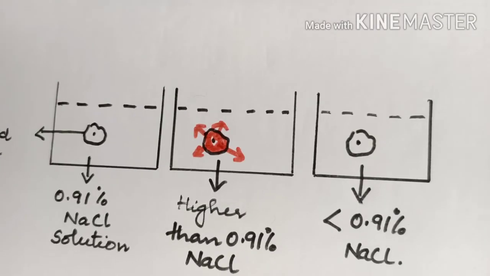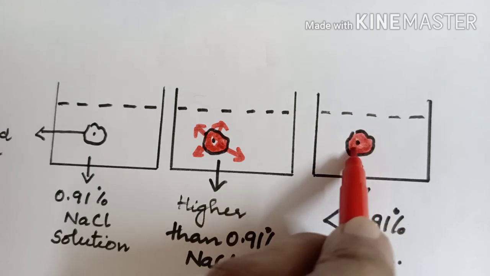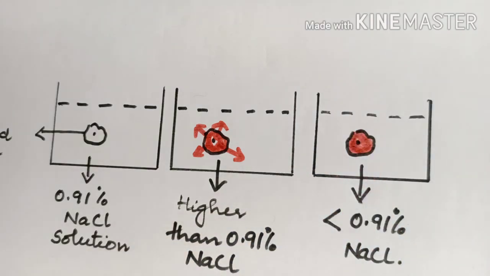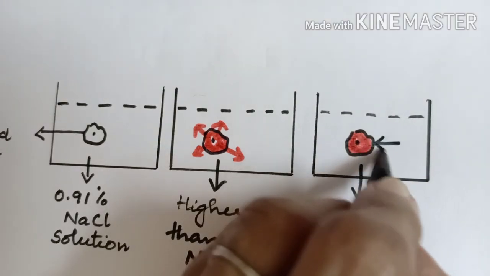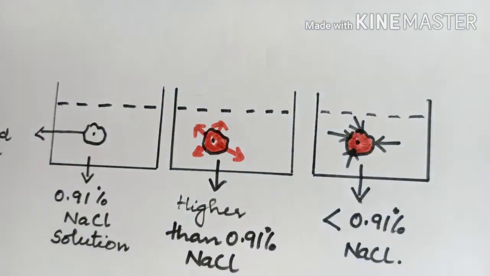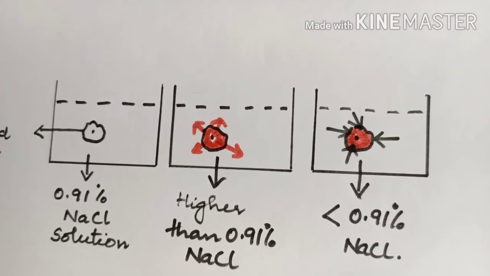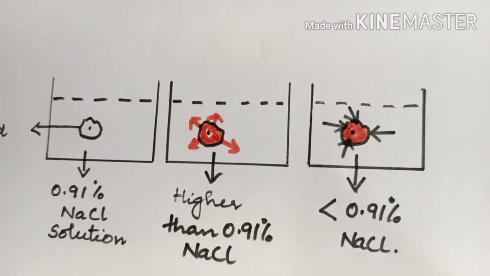When the blood cell is placed in a solution with less sodium chloride, you find that the concentration of the solvent will be more outside. As a result, water gushes inside, and as a result you find that the size of the cell will bulge. The cell will bulge in shape.